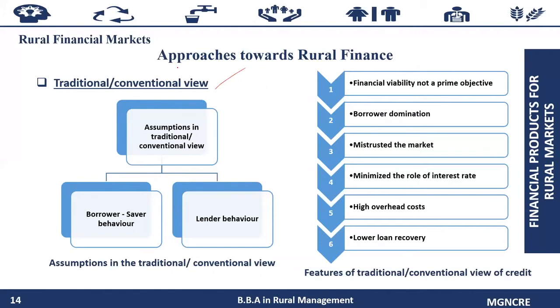In this, the assumption in a traditional conventional view is two behaviors. First is the borrower behavior, and the next is the lender behavior. So we'll discuss the borrower behavior.